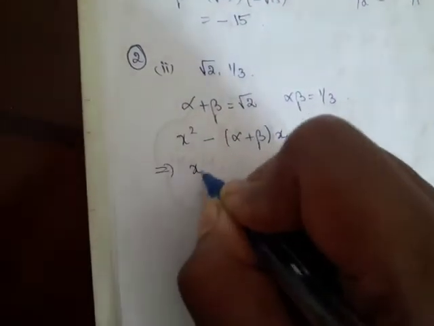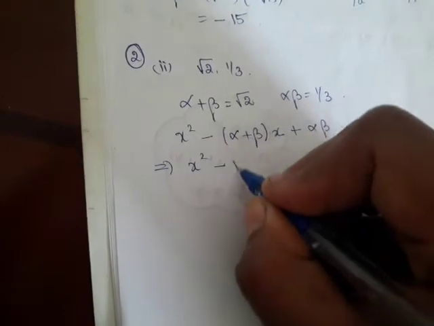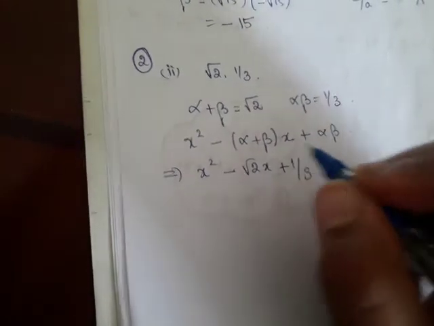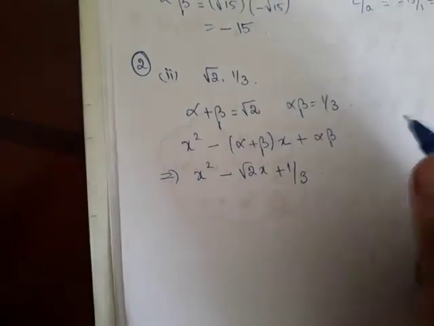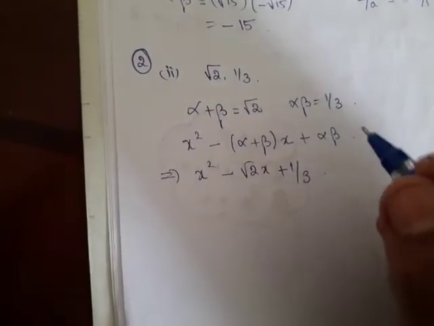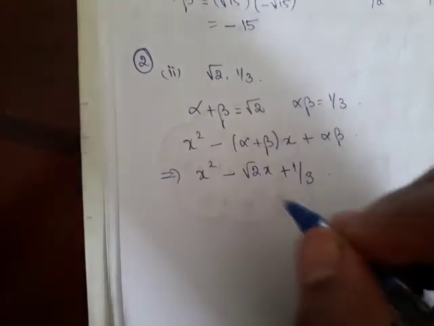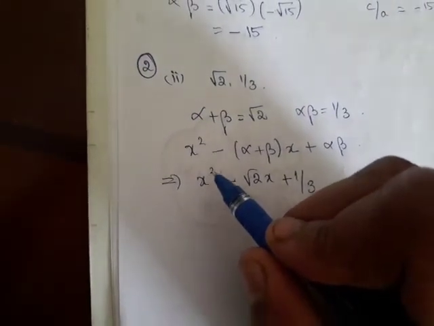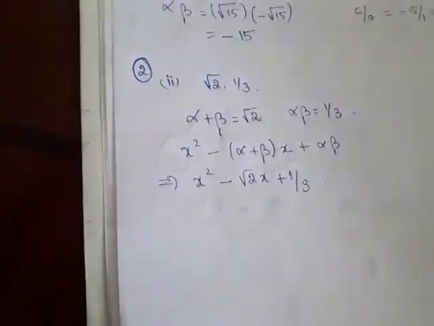So this implies x square minus root 2 x plus 1 by 3. Even if you stop here, the answer is correct. It is not necessary to take the LCM and all. You can stop with this, right? So the required quadratic polynomial is x square minus root 2 x plus 1 by 3.